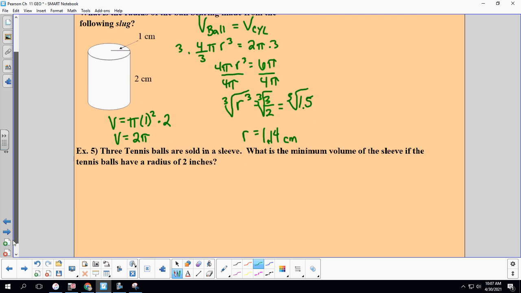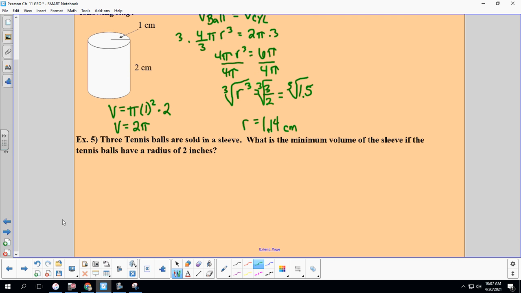Okay, 3 tennis balls are sold in a sleeve. 3 tennis balls in a sleeve. What is the minimum volume of the sleeve if the tennis balls have a radius of 2 inches? Okay, so let me give you, the sleeve is just the can of tennis balls.